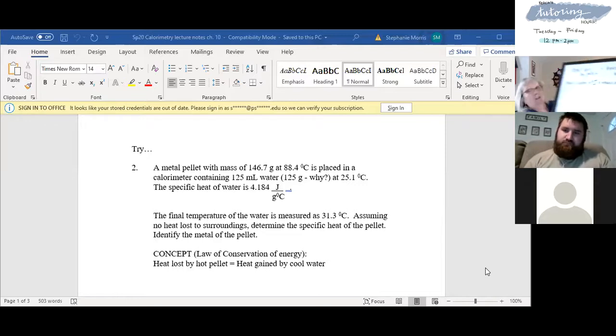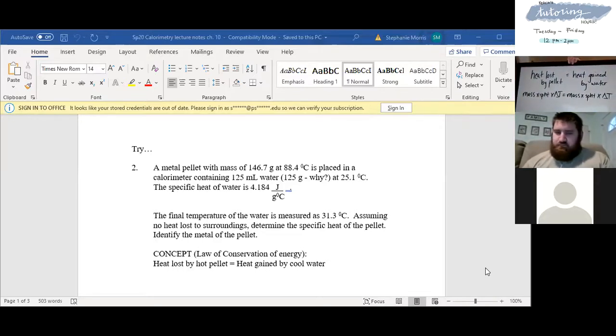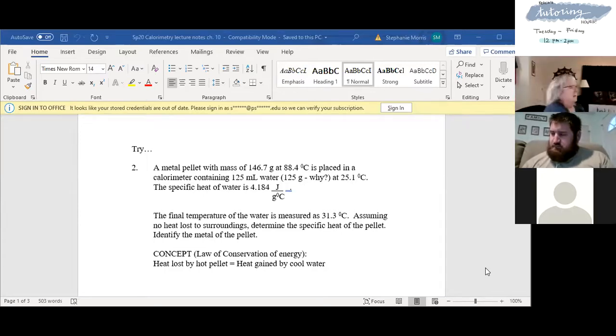Now, at first glance, that looks like everything's going to cancel. But the stuff on the left is information due to the pellet. The stuff on the right is information of the water. So if I plug in, I know the mass for the pellet was 146.7.